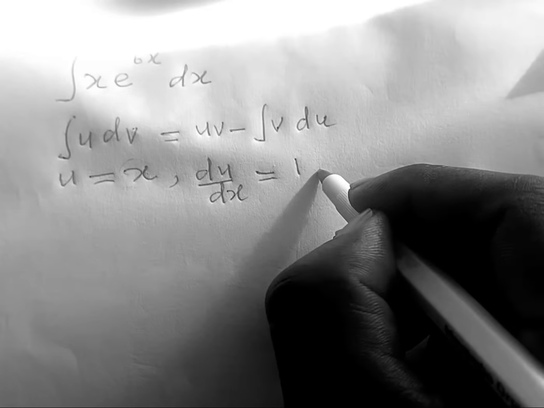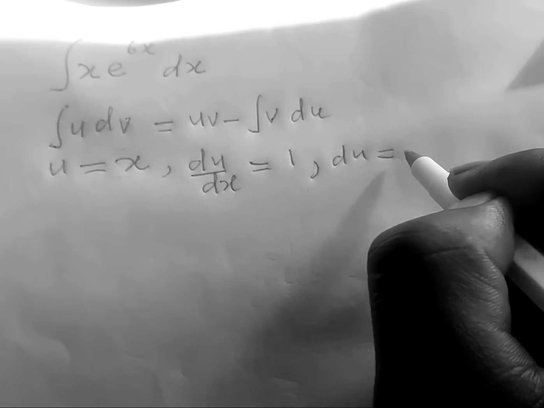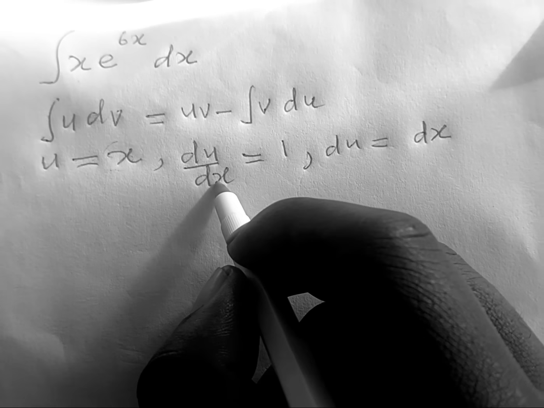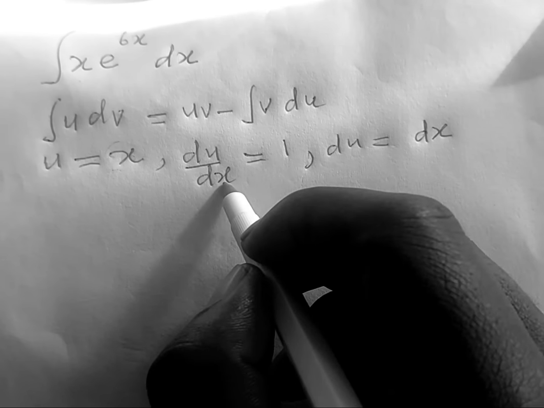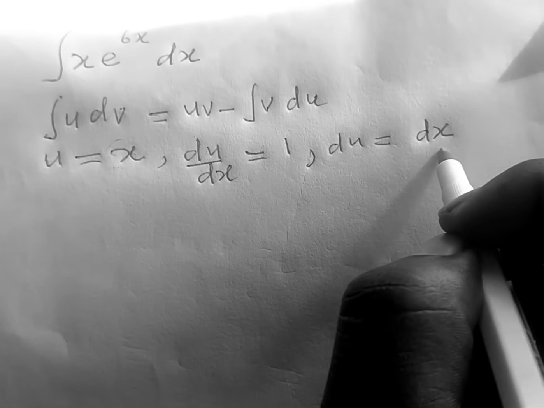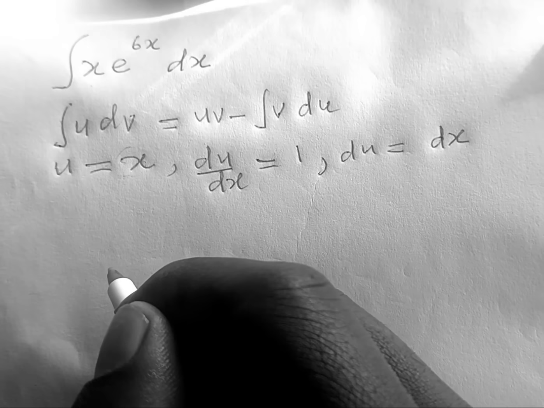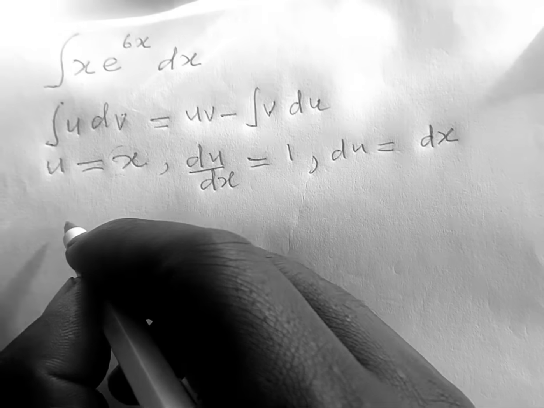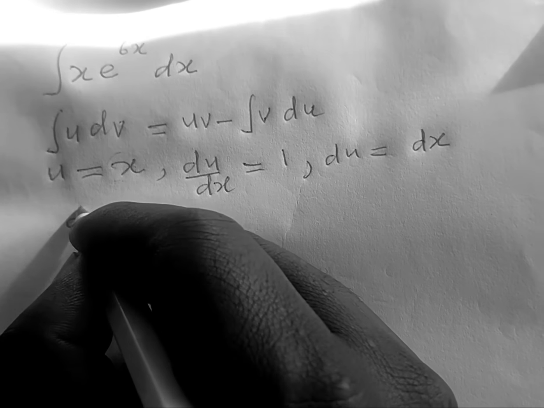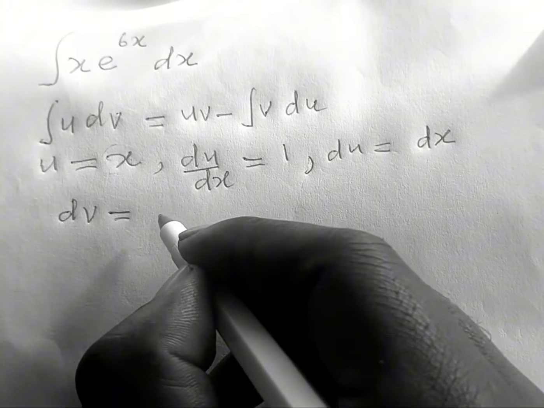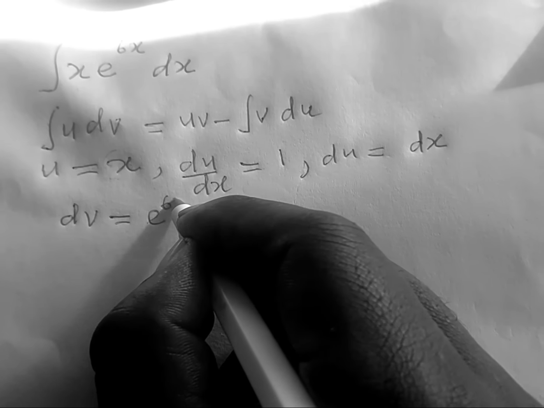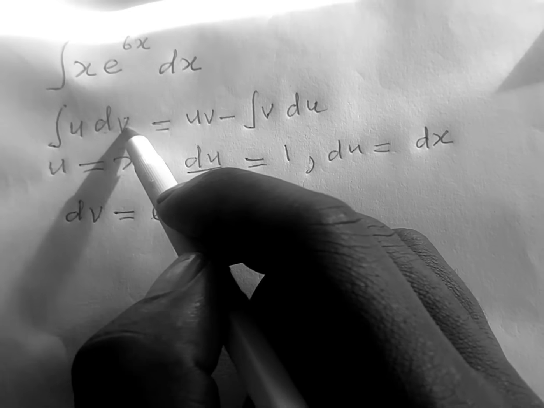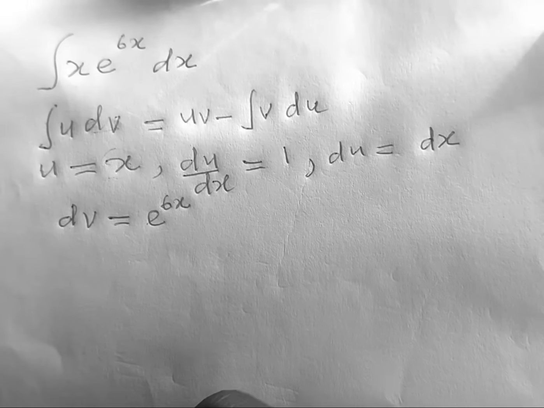Multiplying both sides by dx, we see that du becomes 1 times dx, which is simply dx. And then for dv, we can see that dv is equal to e to the power 6x.